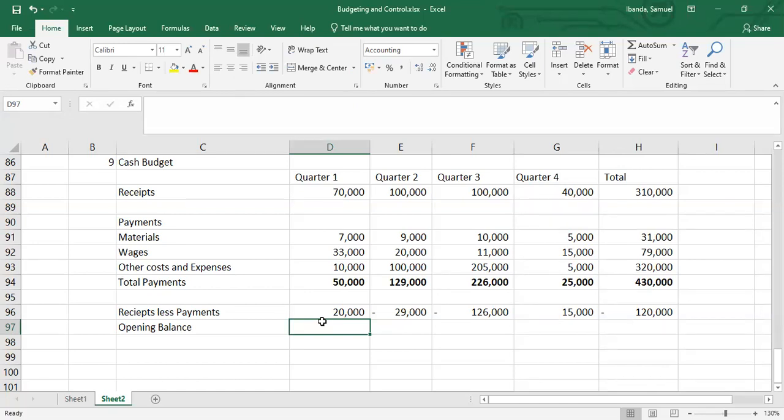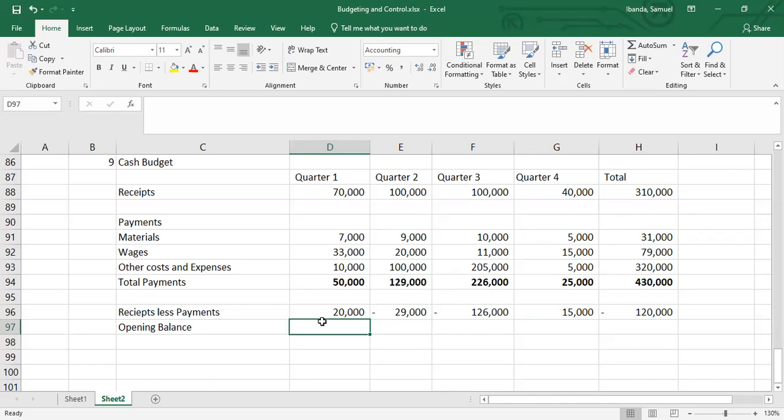We have a trial balance here, and it has land and building, plant and machinery, those are fixed assets, and then it has the current assets. Remember, this balance sheet is at 1st April 2015.